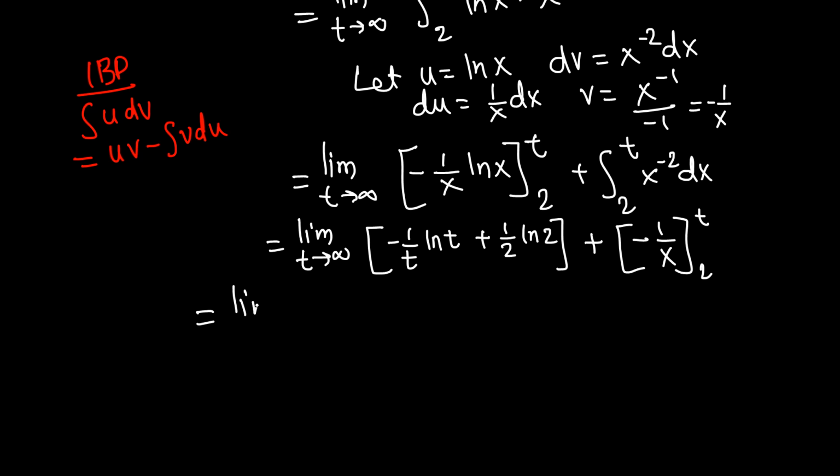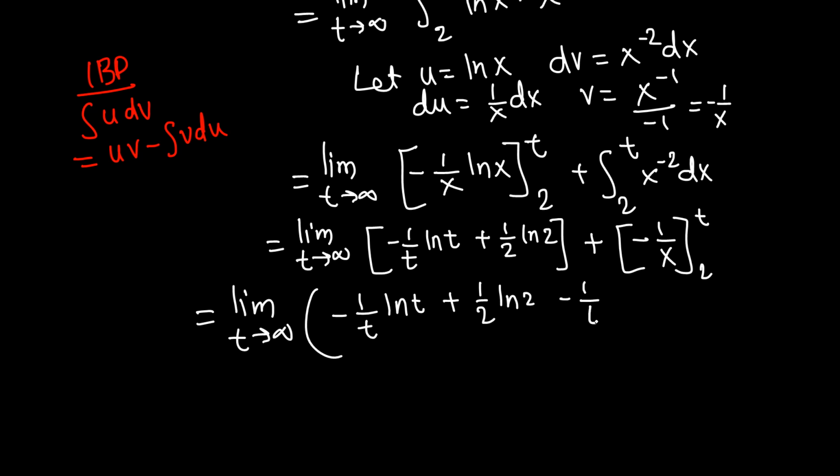So the limit as t goes to infinity of negative 1 over t natural log of t, plus 1/2 natural log of 2, plus the upper limit part, negative 1 over t, minus the lower limit, but with the negative sign it becomes plus 1 over 2.